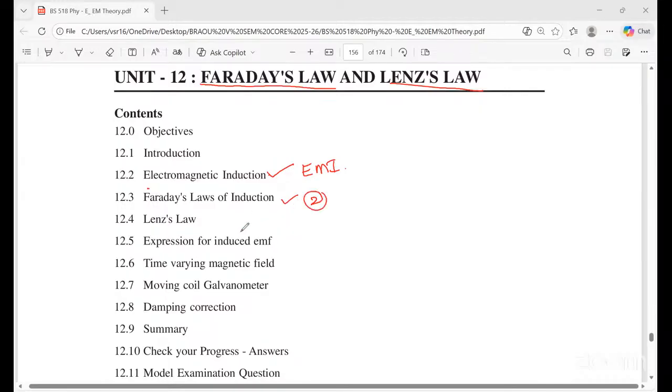Two laws are there. Lenz's law comes from Faraday's law itself, only with one simple negative sign. Then the expression for induced EMF, varying magnetic field, moving coils, eddy currents. That's it.